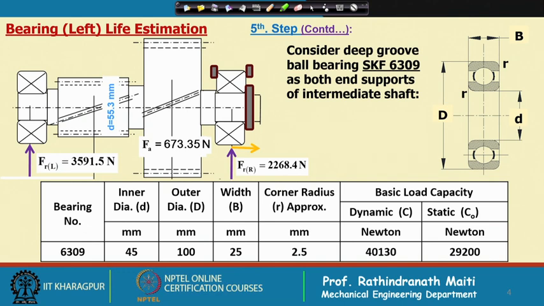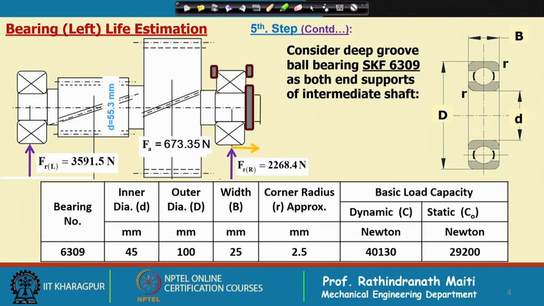6309, inner diameter ID is 45 millimeter, outer diameter is 100 millimeter, width is 25. It is matching what we took for the preliminary layout, and then corner radius 2.5 millimeter.